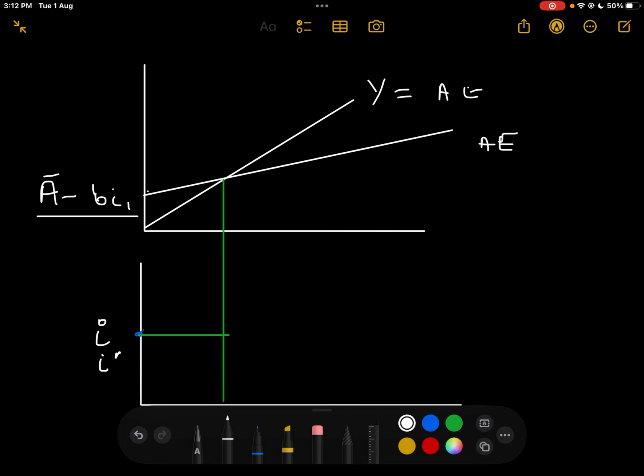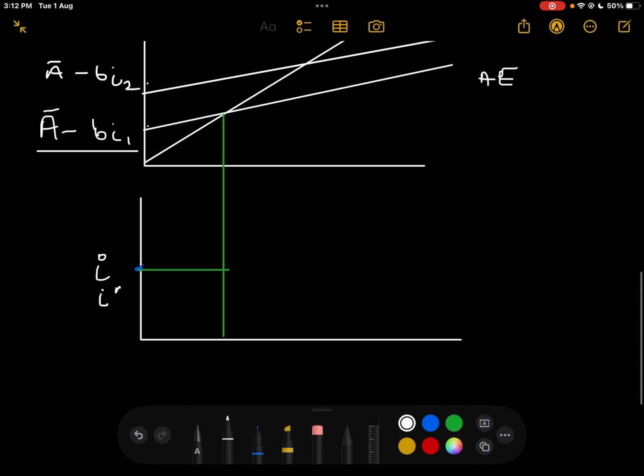So our line AE1 will shift upwards. So let us shift it. Now this is our A bar minus bi2. Why I2? Because it is at the lower rate of interest.